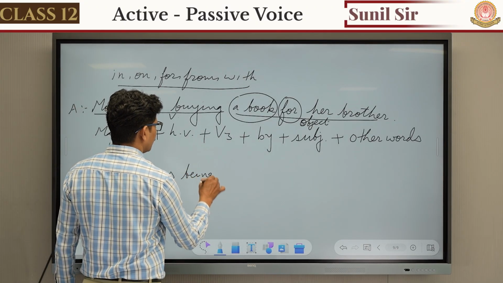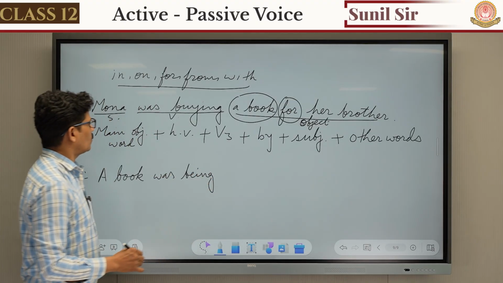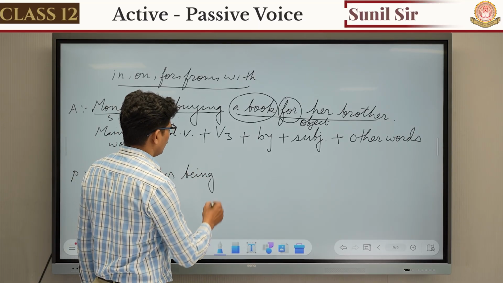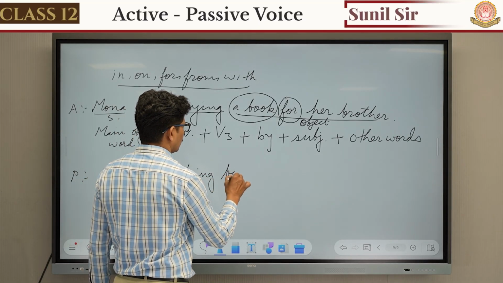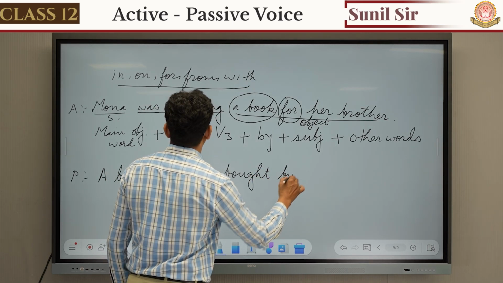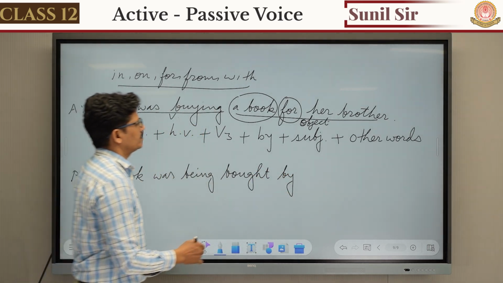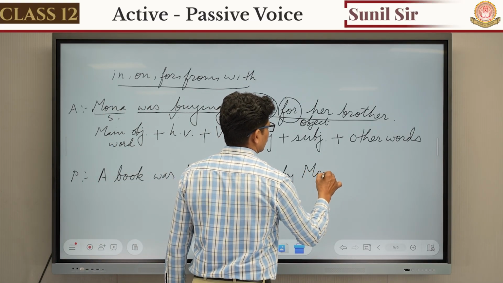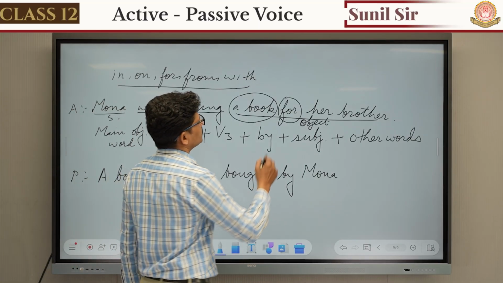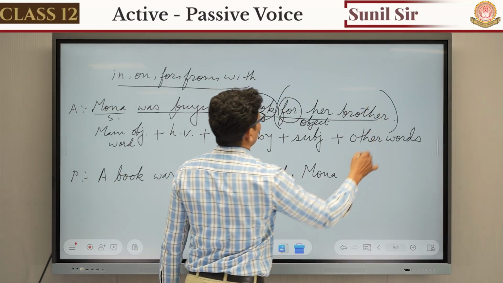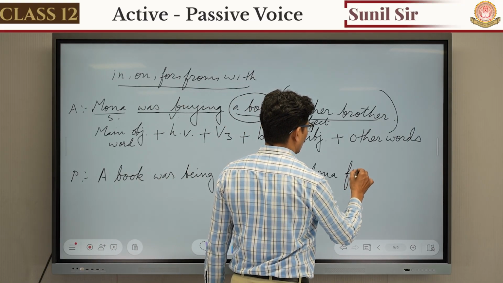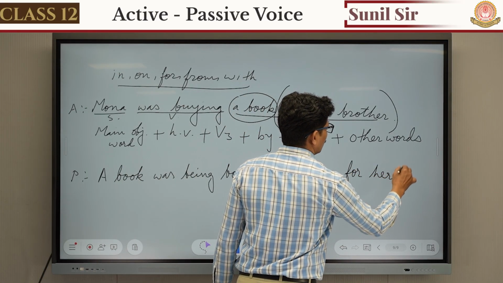A book was being, then the third form of the verb, bought, being bought by Mona, and the other words, meaning whatever remained, for her brother. A book was being bought by Mona for her brother.